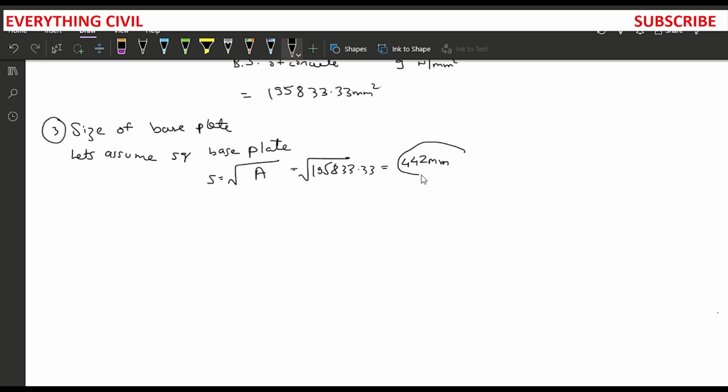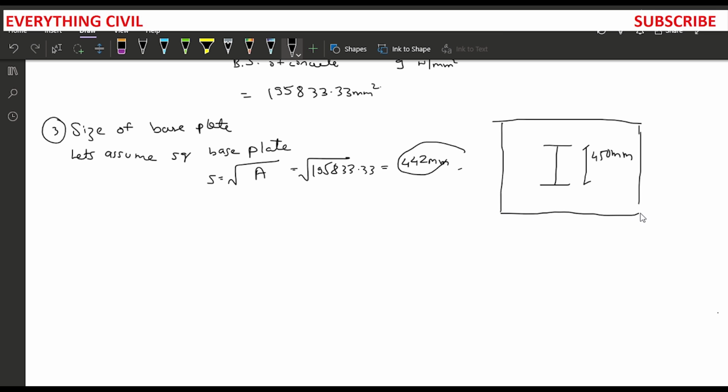But this is not quite right, because my I section has a depth of 450 mm, so how can I fit this I section on a base plate of size 442 mm? So I have a constraint over here. What I'll do is decide this side of the base plate and keep the other side unknown, and if I equate it to the area of the base plate, I'll get the unknown side.